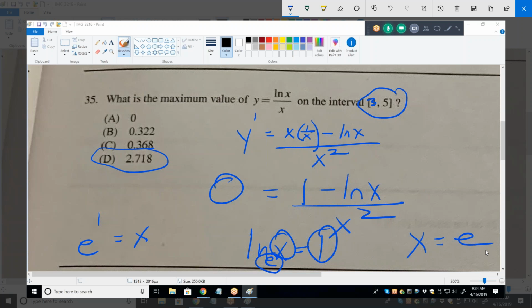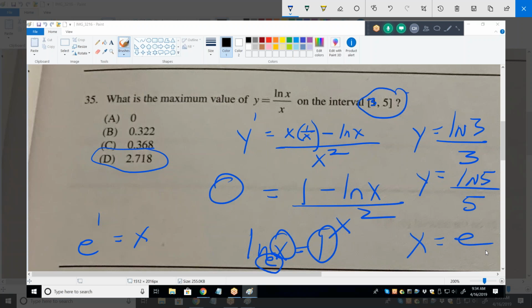In other words, if your horizontal tangent line does not fall in that interval, and we want to find out the maximum in that interval, then we plug in 3 for x, so y would equal the natural log of 3 divided by 3. And then we plug in 5 for x. Whichever number is bigger is the maximum in that interval.